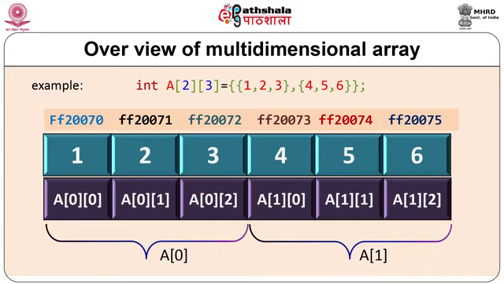The entries are stored in memory as shown above. We can access an array element using the square bracket operator as A[i] or using the pointer operator, that is *(A + i).